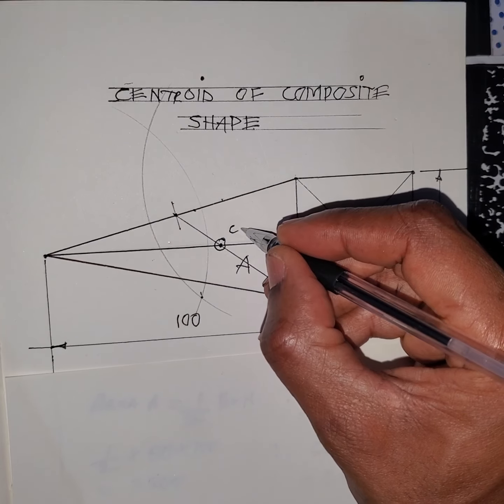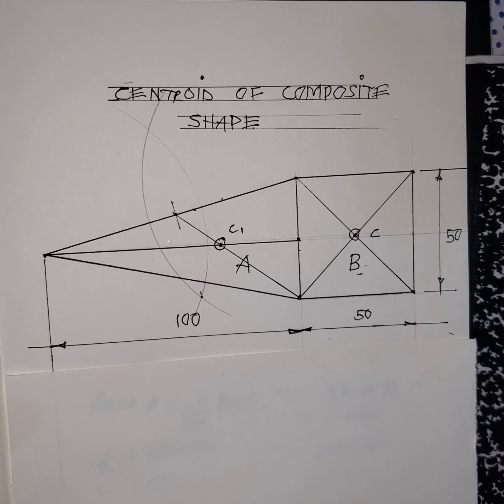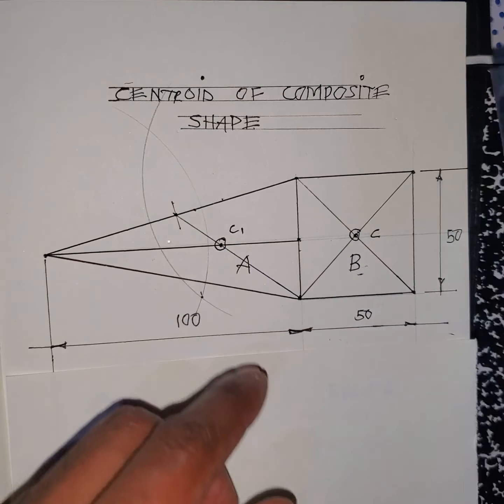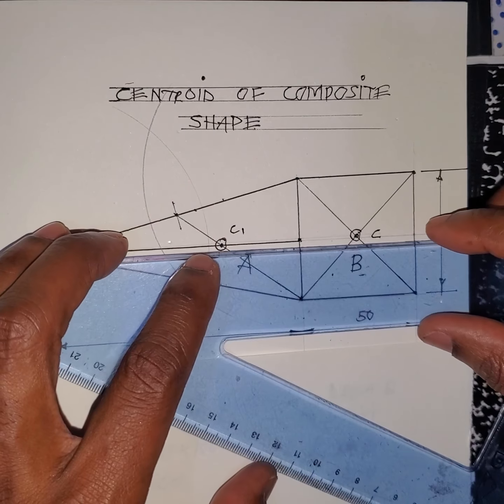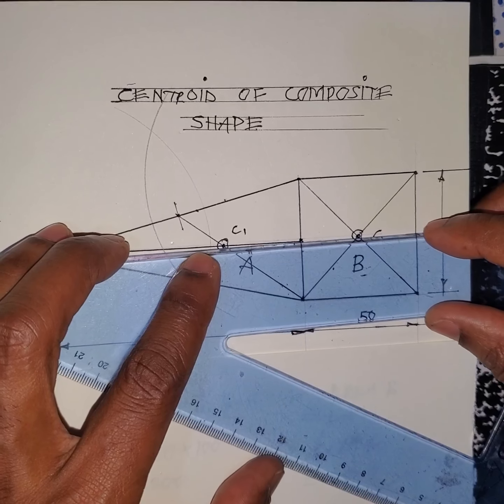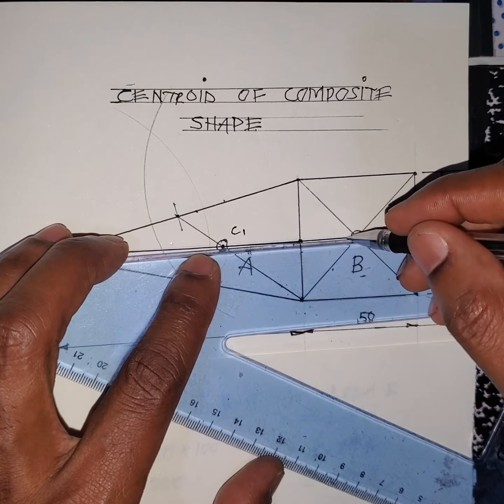This is called C1, C2. Now this is the first part. The next step is to combine both centers. It's to draw a line from centroid 1 to centroid 2, then establish a ratio. So I'm going to join here to there.